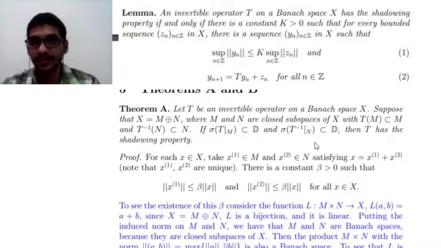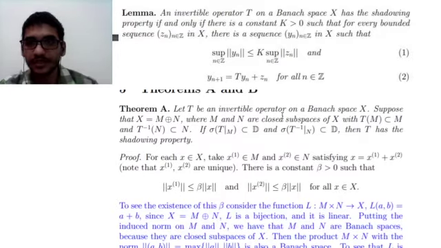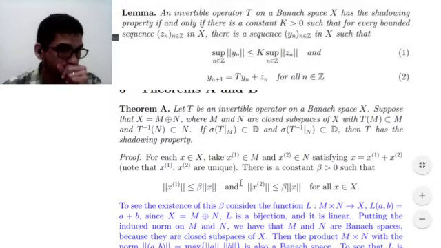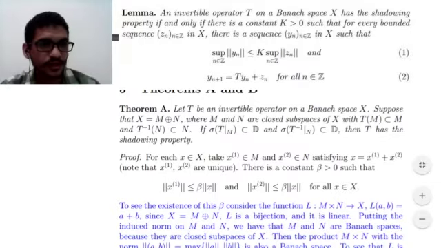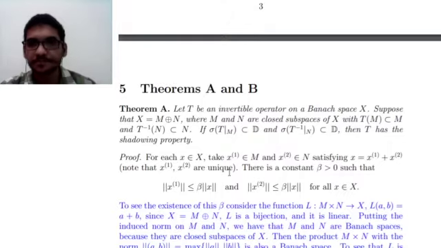Sorry, we are going to take an operator T with all of these conditions, and we are going to show that it satisfies the second part of the lemma, okay. Okay, well, let's start the proof.